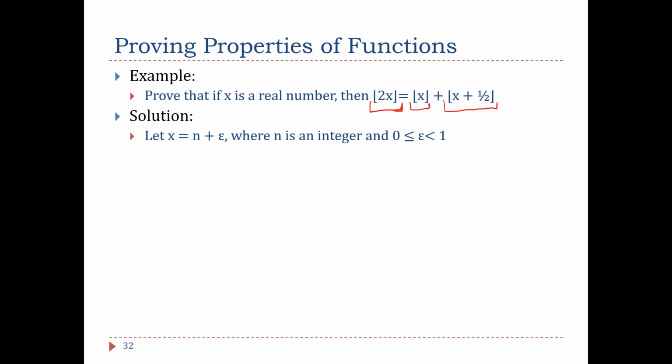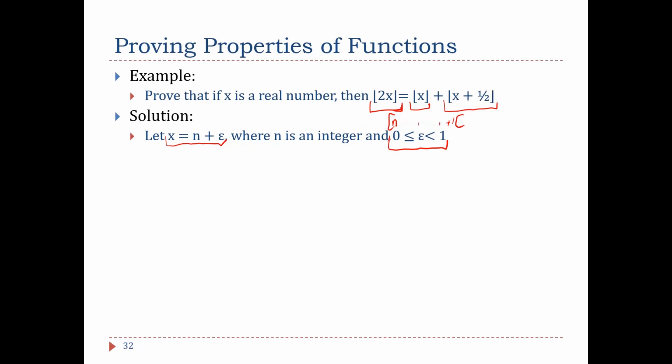What you can imagine about the value of x is that it is equal to a certain integer n plus a certain value epsilon, where epsilon is greater than or equal to 0 and strictly less than 1. Because we're working with the floor, we take everything from a certain integer n, included, up to n plus 1, excluded, as an interval.